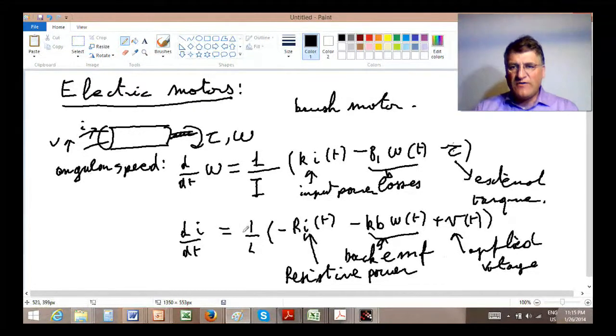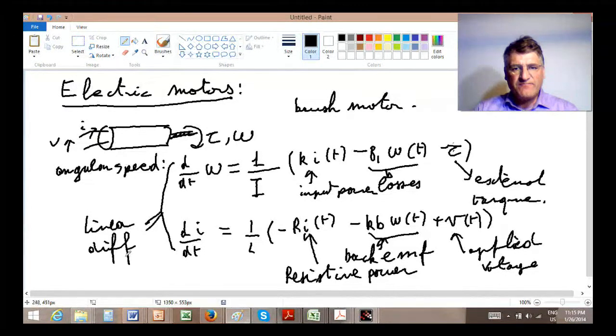However, the important element is to notice that these are linear differential equations, and therefore they satisfy the conditions for which we can play with them using the Laplace transform. Let me add that L is the inductance. All right.